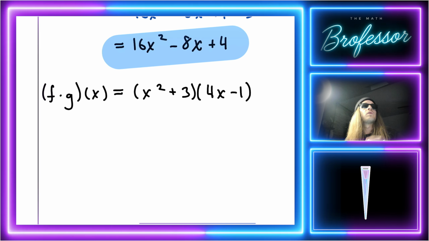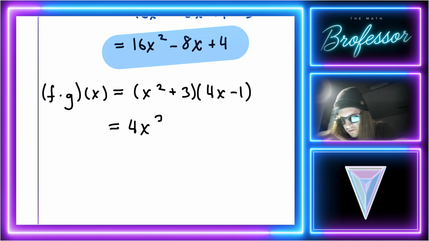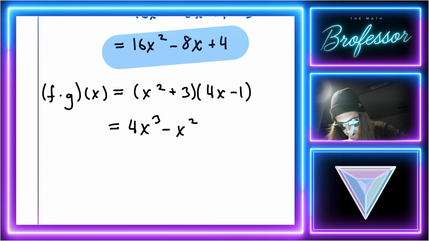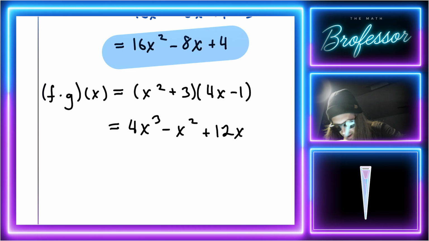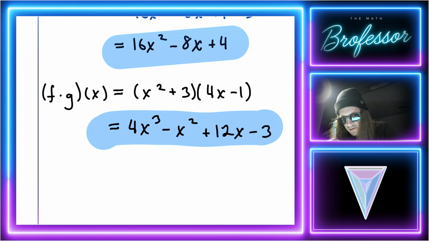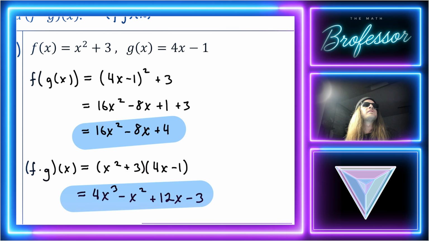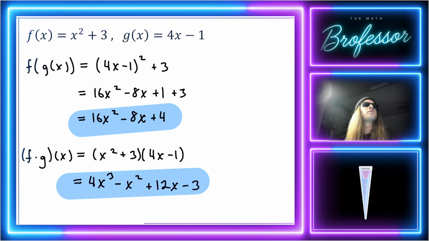All right, let's FOIL that. If we FOIL that, we would have 4x to the third power minus x squared plus 12x minus 3. And there's no like terms to combine there, so that's it right there. And let's pull all of that into view.